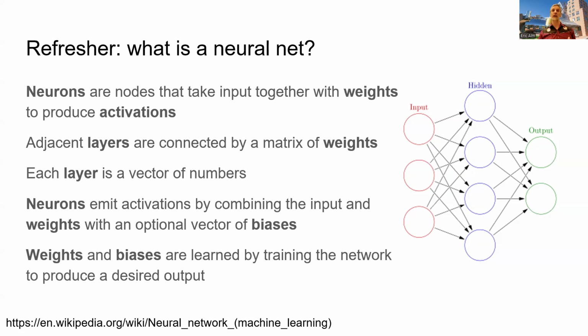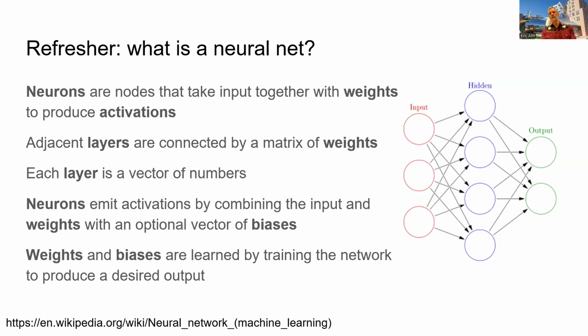And each of those arrows is a weight, and it's a linear weight, okay? It's just a scalar that we multiply the value in the previous layer by, and then add them together to get the activation in that hidden layer.